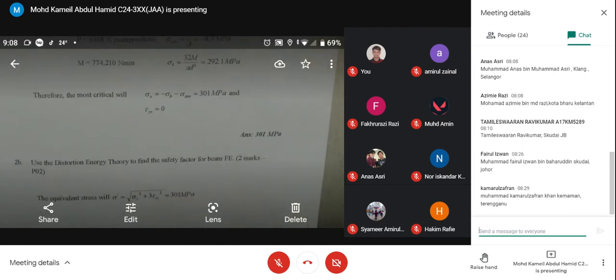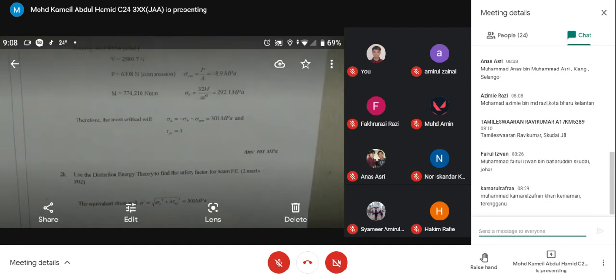Using distortion energy theory to find the safety factor. Okay, equivalent stress sigma prime is square root of sigma x square plus 3 tau xy square, is going to be 301 megapascal.